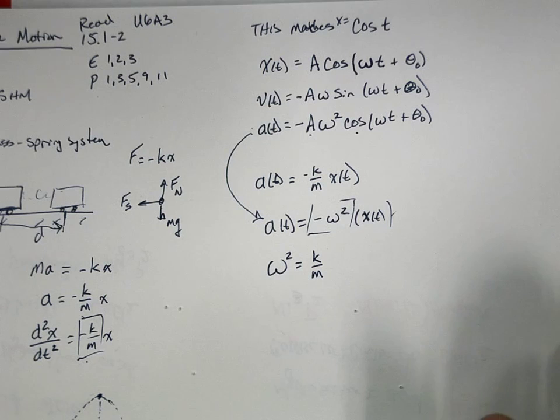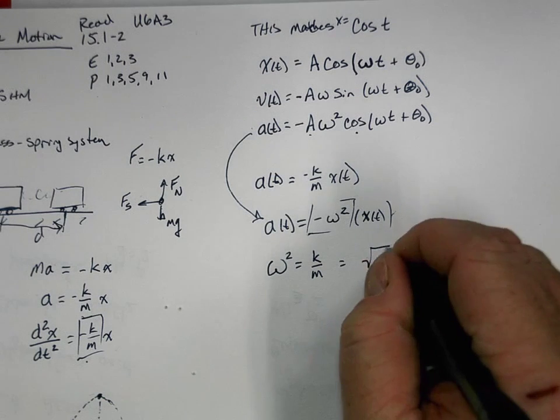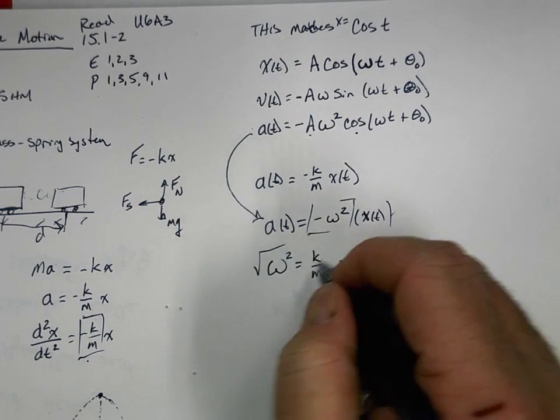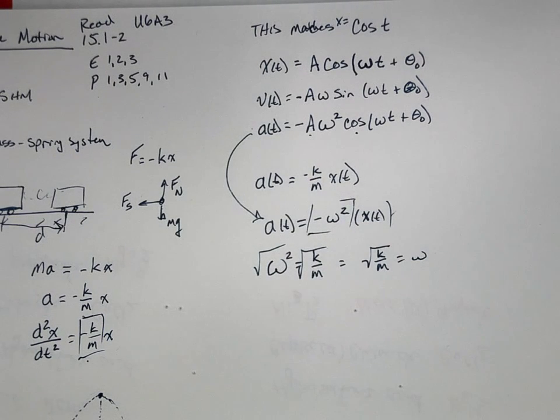Okay, so the angular frequency of our oscillation is equal to the square root of our spring constant divided by the mass of the object.